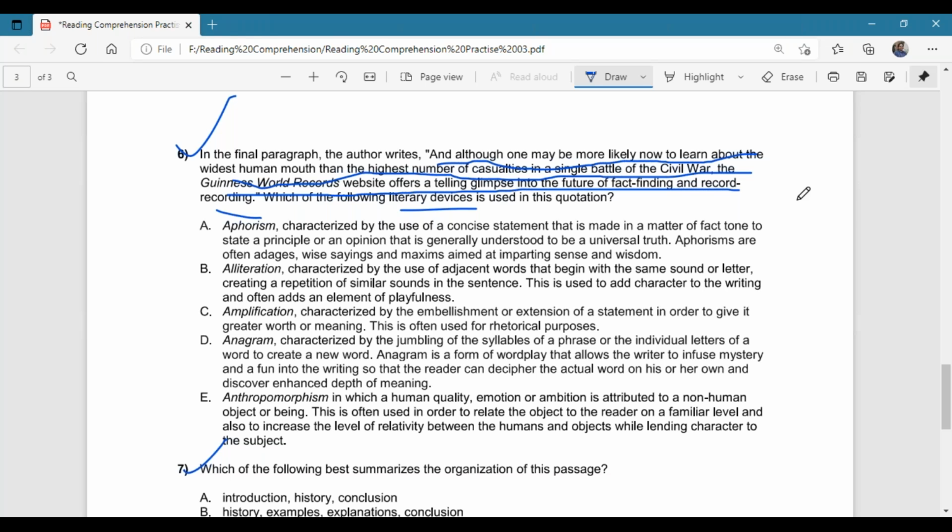It is a repetition of similar sounds in the sentence: adjacent words that begin with the same sound or letter, creating a repetition of similar sounds, like future of fact finding, all adjacent words starting with F, and recording. What is the option? Alliteration. It is characterized by the use of adjacent words that begin with the same sound or letter, creating a repetition of similar sounds in the sentence. Okay, it's easy to identify.